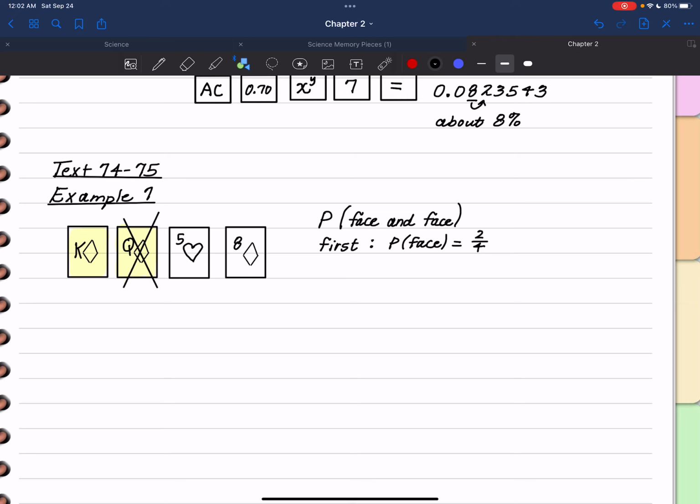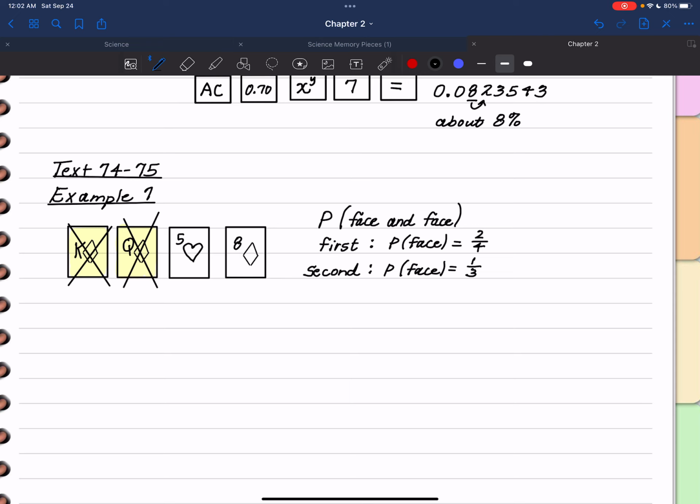We're not going to put her back in. Then on the second draw, we want to get another face card. Well, the only one left is the King of Diamonds. That's out of 3 cards. There's 1 face card. That would be the King of Diamonds.